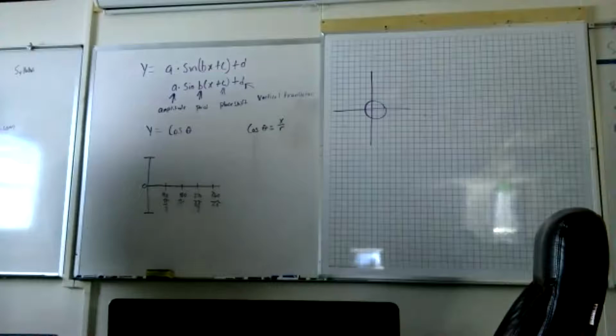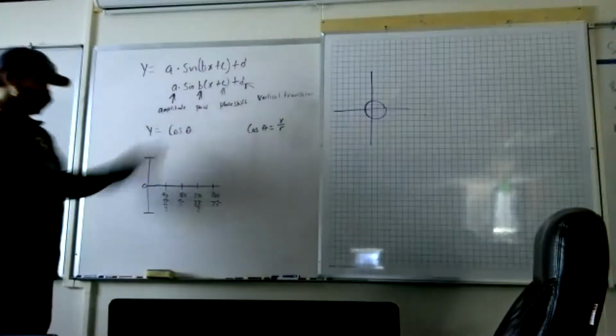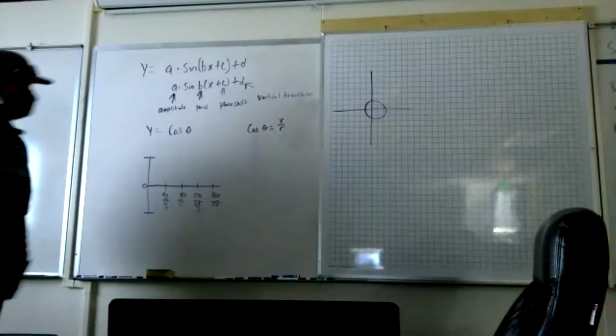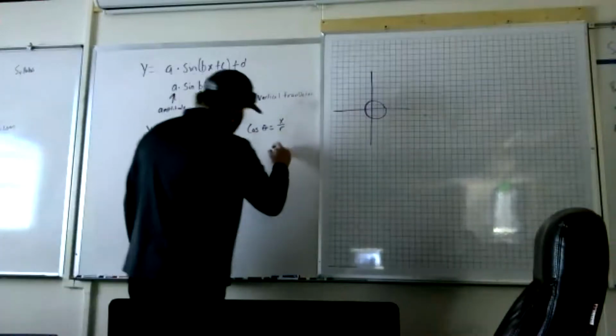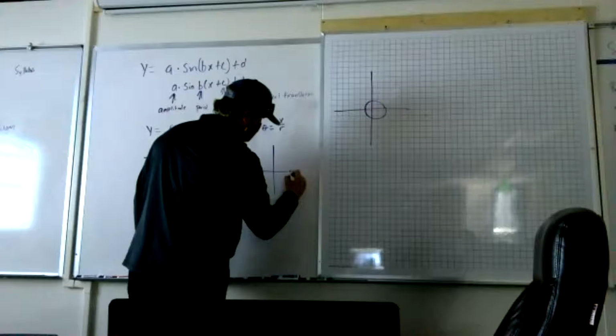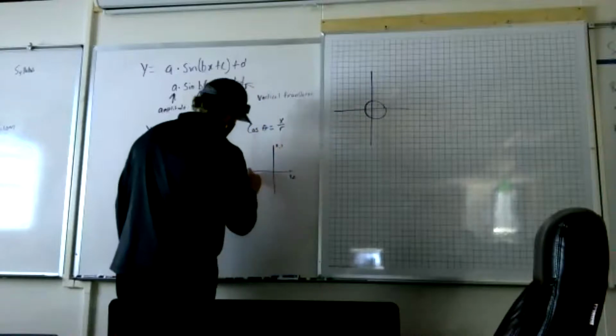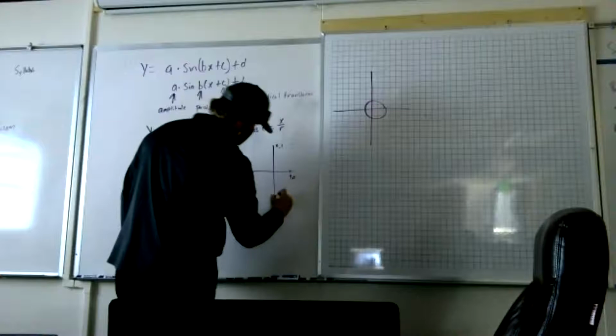Very similar to sine, cosine also repeats itself every 360 degrees or every 2 pi radians. And if we actually plot these using our little key here, that is 1, 0, that is 0, 1, negative 1, 0, that is 0, negative 1.